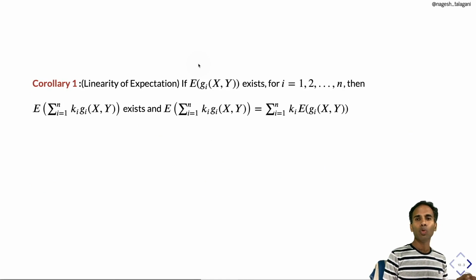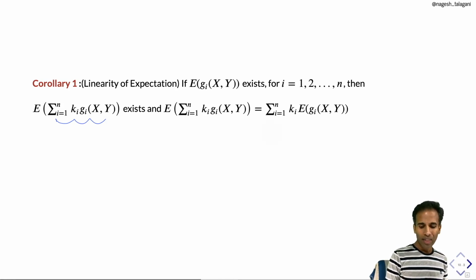Instead of just two functions g1(X,Y), g2(X,Y), you may have n functions g1(X,Y), g2(X,Y), and so on, gn(X,Y). If you happen to know expectation of each of these g1(X,Y), g2(X,Y), and so on, gn(X,Y) exists, then you can say expectation of every linear combination of these functions exists.